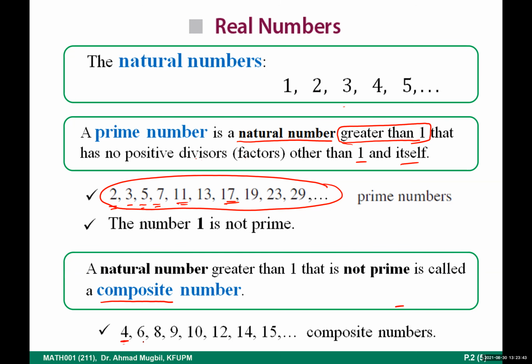For example, if you have 100, what is 100? Simplify it and write it as a product of prime factors. 100 is 10 times 10, but 10 is not a prime number. It is 2 times 2 times 5 times 5.